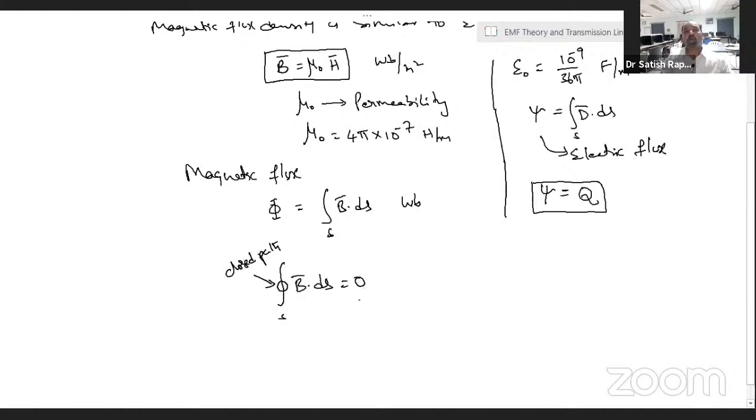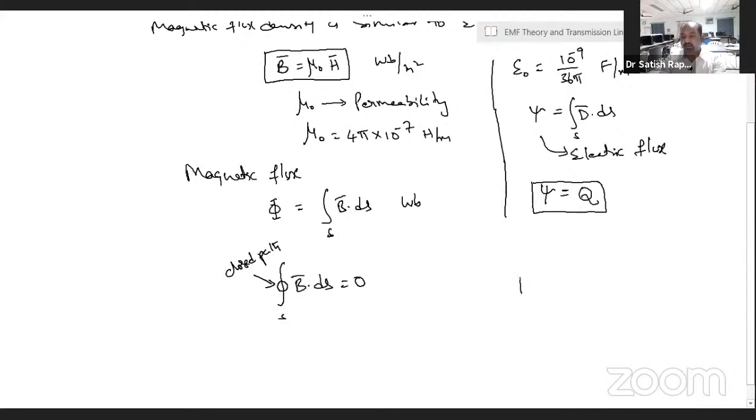That means the total flux passing through a closed path is 0. Why? Because magnetic flux lines are closed upon themselves.